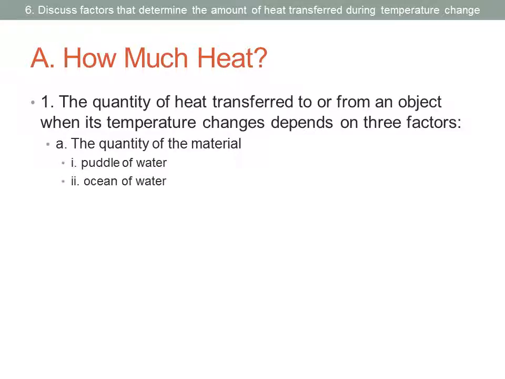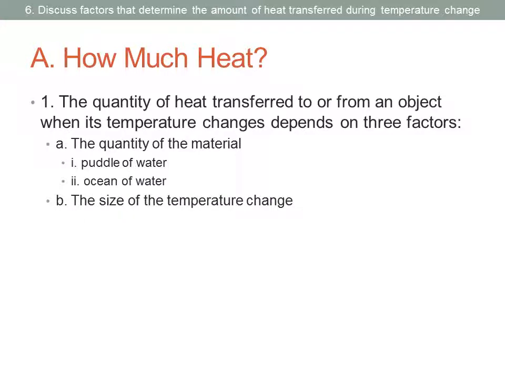If we had a puddle of water versus an ocean of water, and we were going to raise the temperature of these 2 bodies of water the same amount, say they were going to both go up by 5 degrees Celsius, it would take an extreme amount of energy to change the temperature of the ocean, of all the water in the ocean, whereas it would take much less energy to change the temperature of the puddle of water the same amount. So we can see that the amount of material will determine in part how much heat is required.